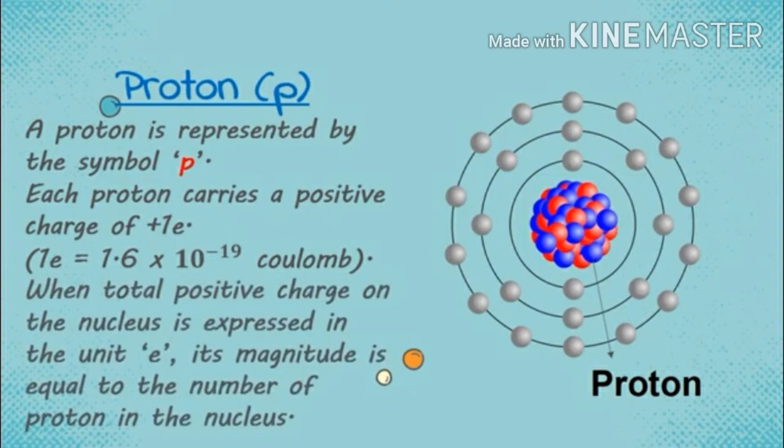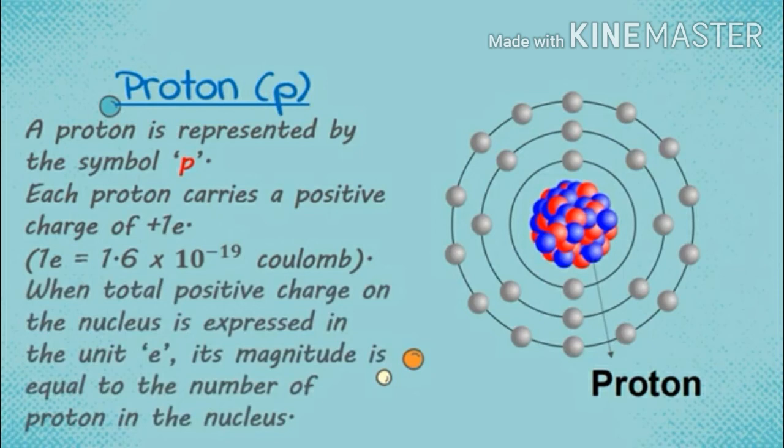Each proton carries a positive charge of plus 1 e. 1 e means 1.6 into 10 raised to minus 19 coulomb. When the total positive charge on the nucleus is expressed in the unit e, its magnitude is equal to the number of protons in the nucleus.